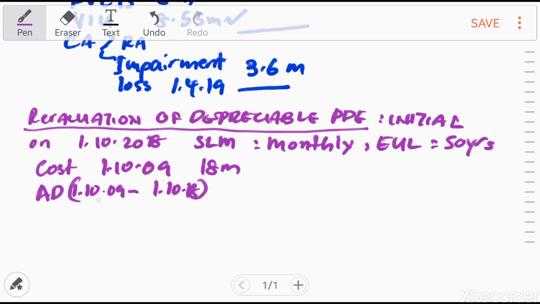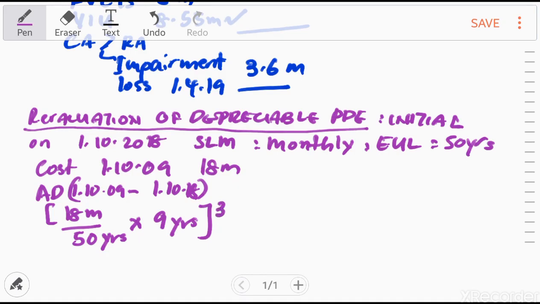And that was for 9 years. So to do that, we'll take 18 million. We divide by the expected useful life, 50 years. And we'll multiply by 9 years, which is from the date you acquired until the date of revaluation. That will give you 3.24 million.